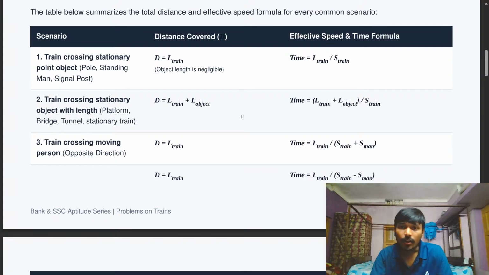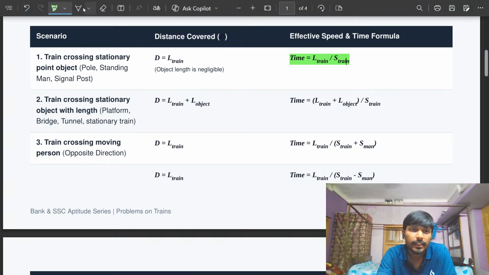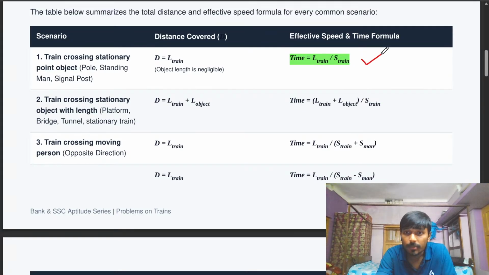Now, effective speed and time formula. In this case, the time equals the length of the train divided by the speed of the train. So this is the basic thing.